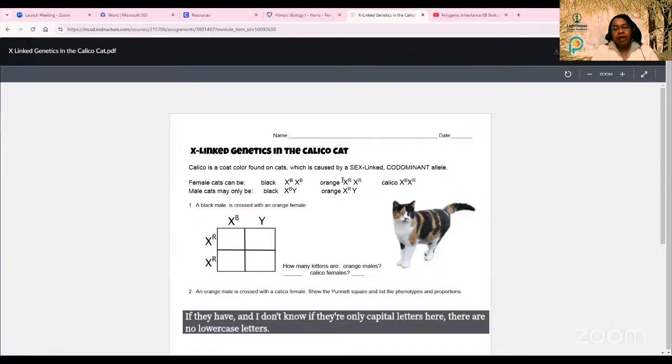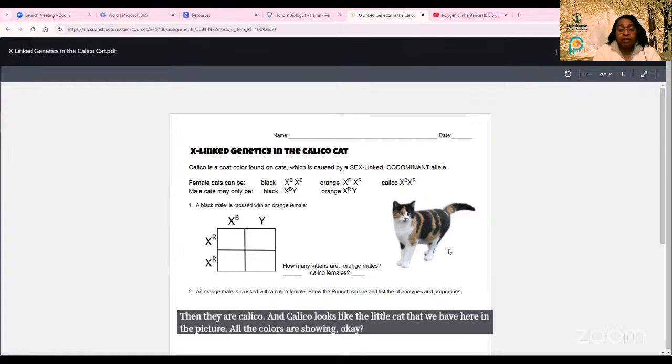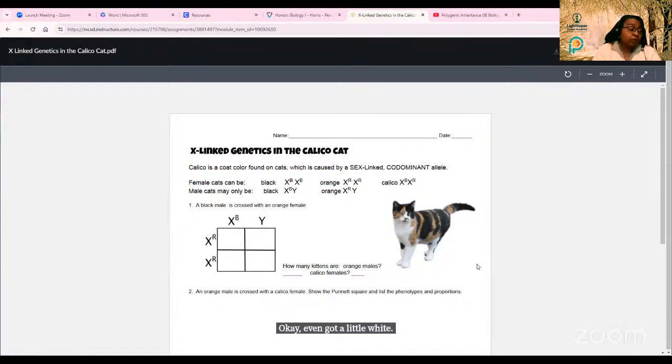If they happen to have an R and a B, then they are calico. And calico looks like the little cat that we have here in the picture. All colors are showing. You got a little orange, you got a little black, you even got a little white. But this is what we call a calico cat.